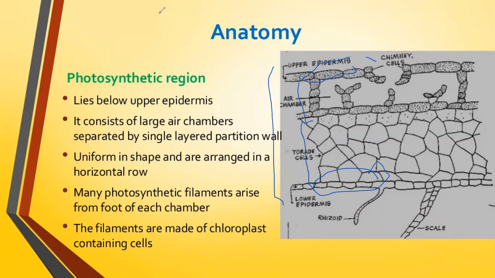The tissues of Marchantia are arranged in three different regions: epidermal region, second is photosynthetic region, and third one is storage. So what are this epidermal region, photosynthetic region, and storage region?